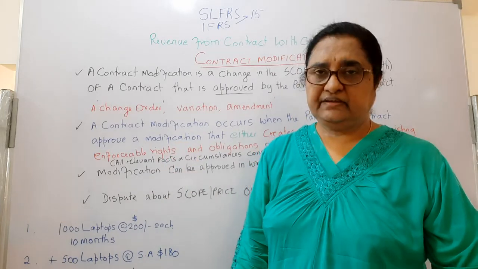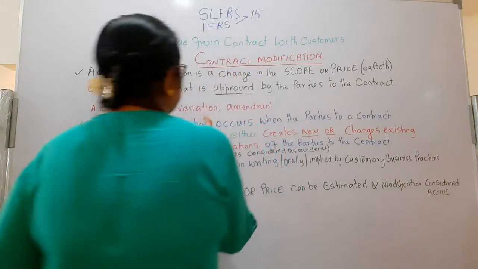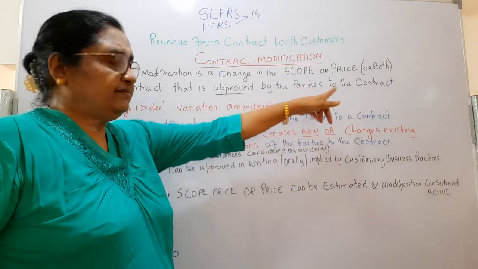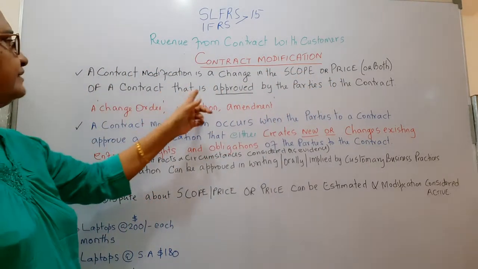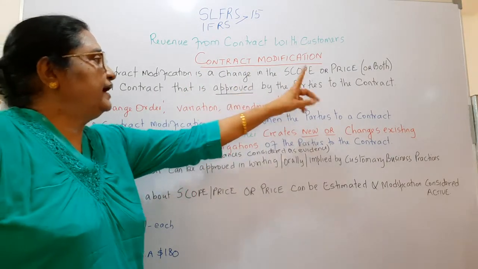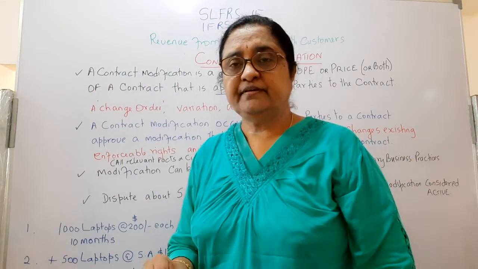What is a modification? The standard says a contract modification is a change in the scope or price or both of a contract that is approved by the parties to the contract. So the contract must have been already approved.